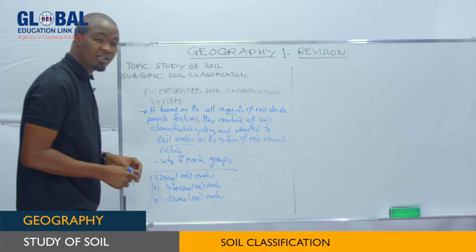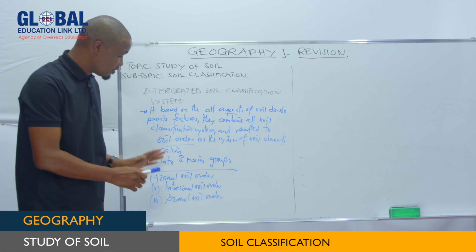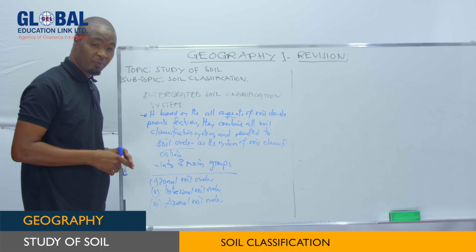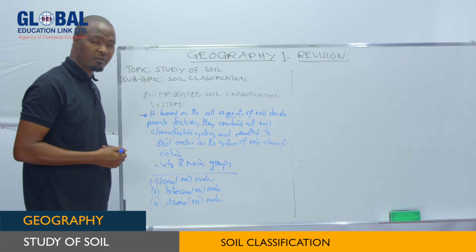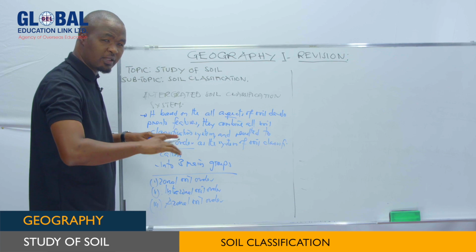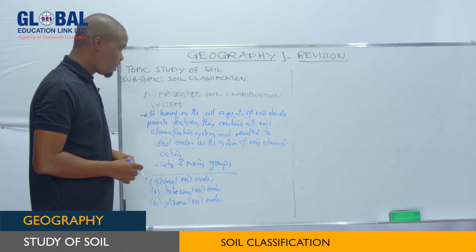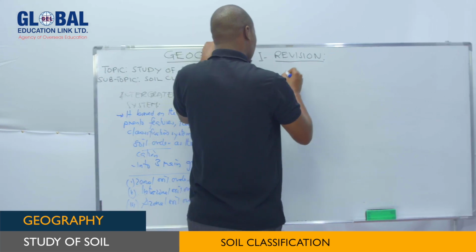Okay, let us pause here, in the integrated soil classification system. So you will find most of the questions, how are they asked? Let's take one of the model questions.